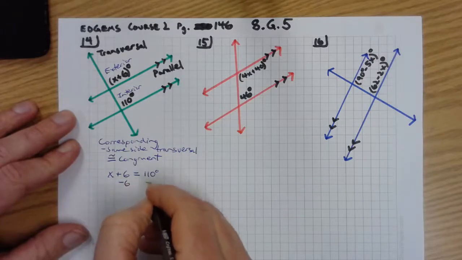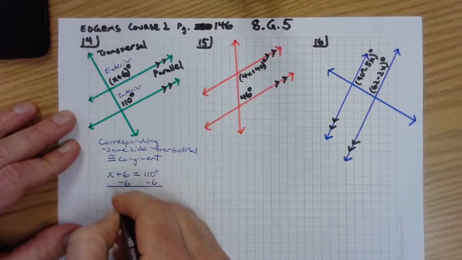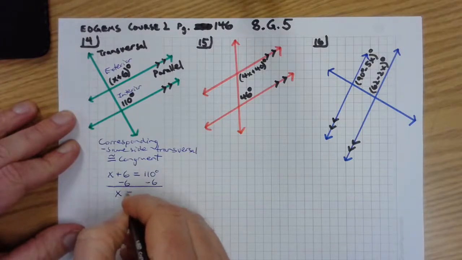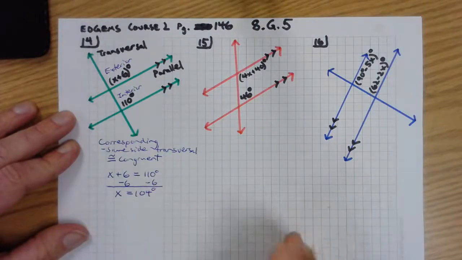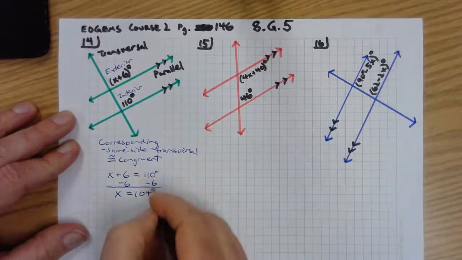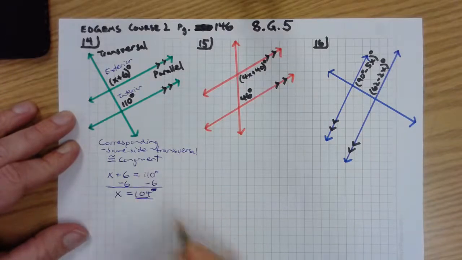You probably already did it in your head, but since we're always practicing the procedure and the process, we're going to go through the steps. X is not measured in degrees, but X is 104.